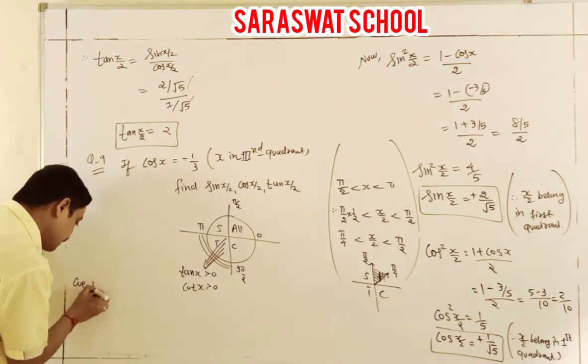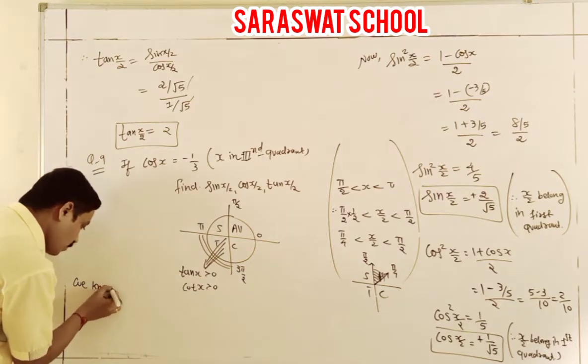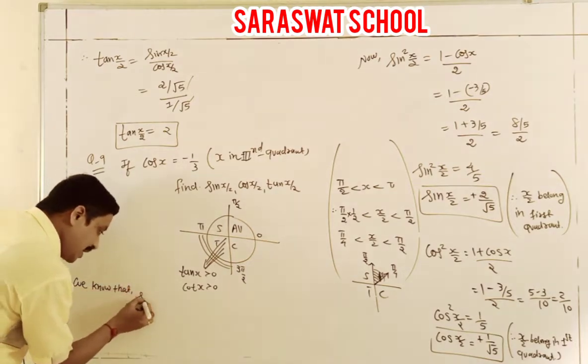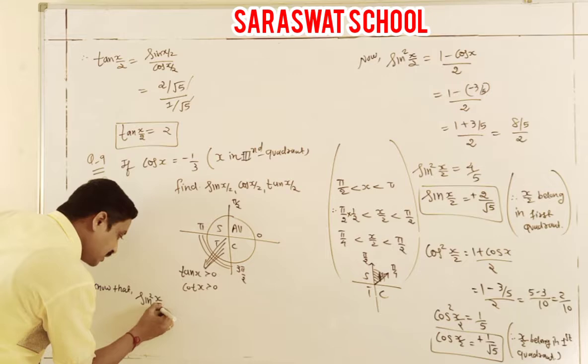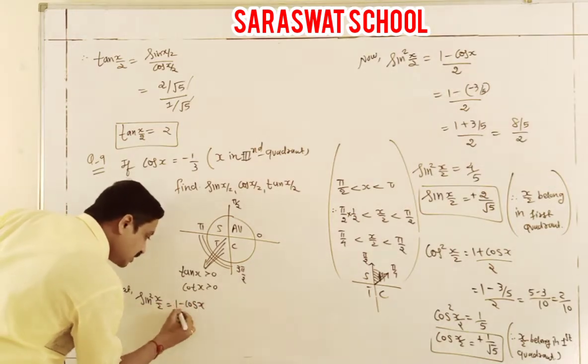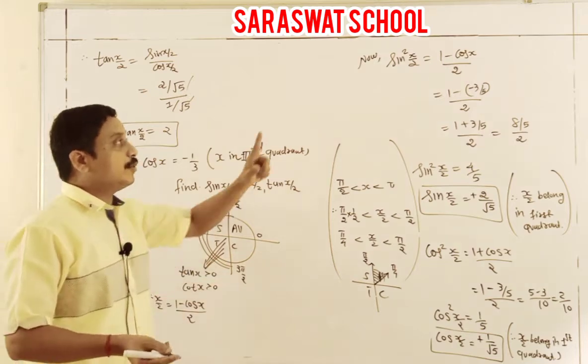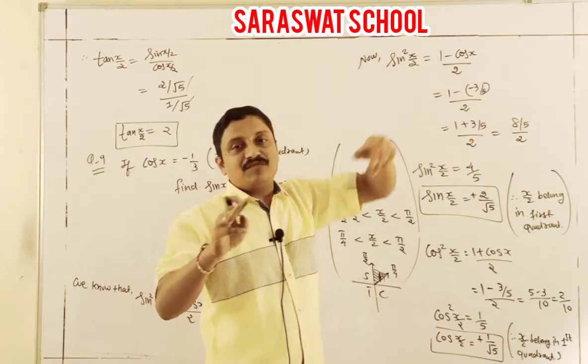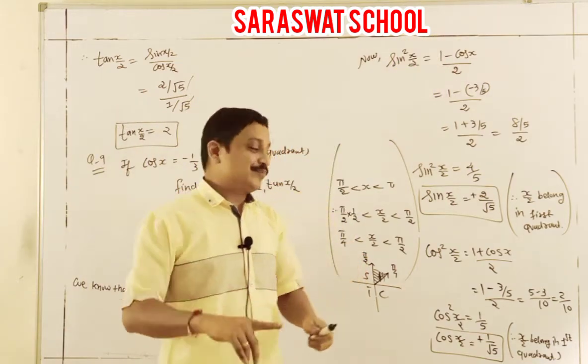We know that sin square x by 2 equals 1 minus cos x by 2. Same property, utilize the previous sum. Fifth group, students, fifth group.